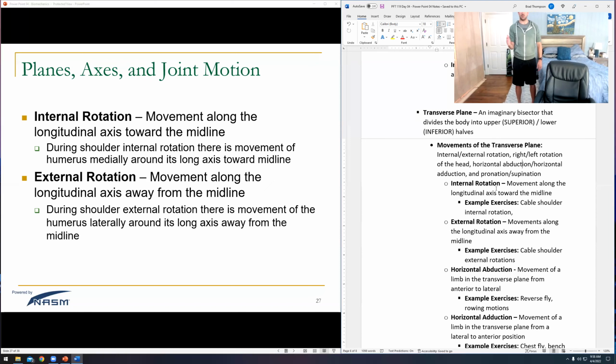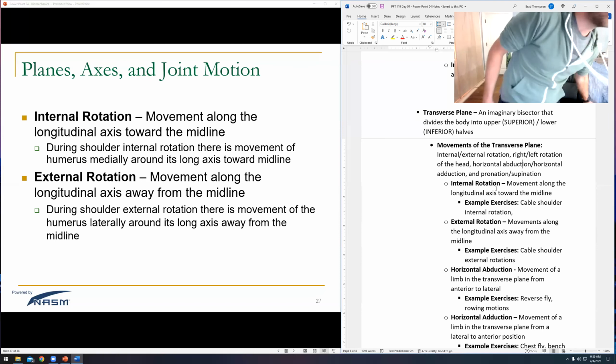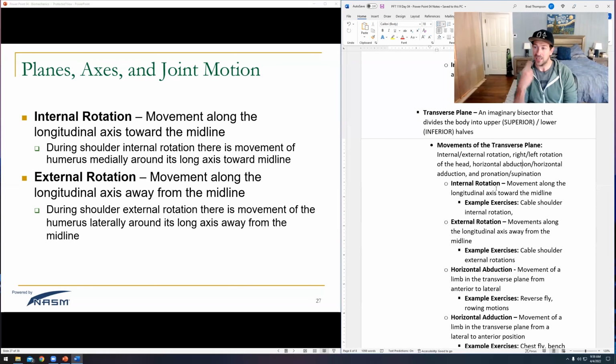What if I bend my elbow? Shoulder external rotation, shoulder internal rotation. I can move my arm over here. It's still external rotation and internal rotation. Doesn't matter where my arm is. Again, anatomic position: internal rotation is moving in, external rotation is moving out. And I put some example exercises in my notes, but honestly, that's what they're called.